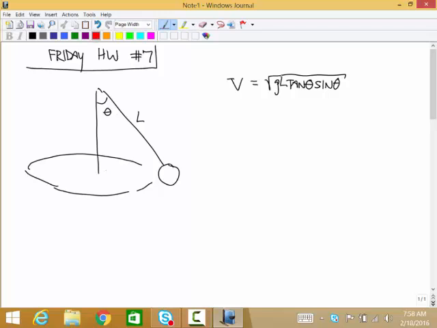So let's put the coordinate system here. In this picture, I'm just going to draw this in a different view so we can visualize stuff a little better. So here's a view from above.